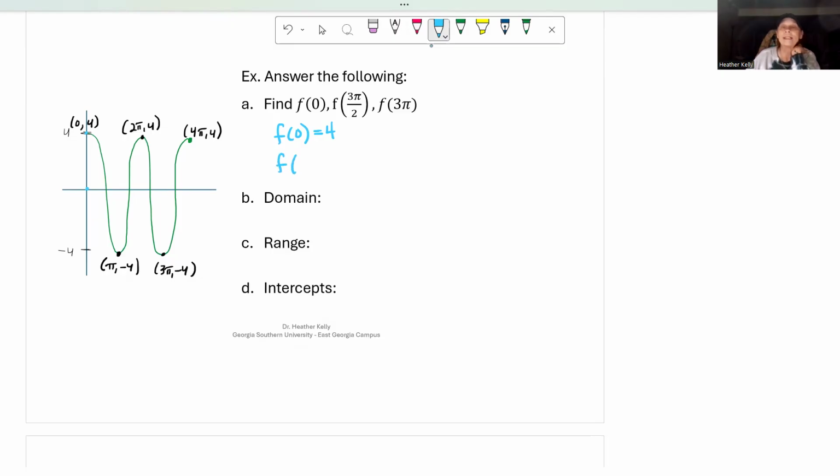I'm going to do the easy ones first. So f of 3 pi, and why are these easy? Because they're already marked on here. Here I've labeled this point, 3 pi and negative 4. So f of 3 pi is negative 4. When x is equal to 3 pi, y is negative 4.